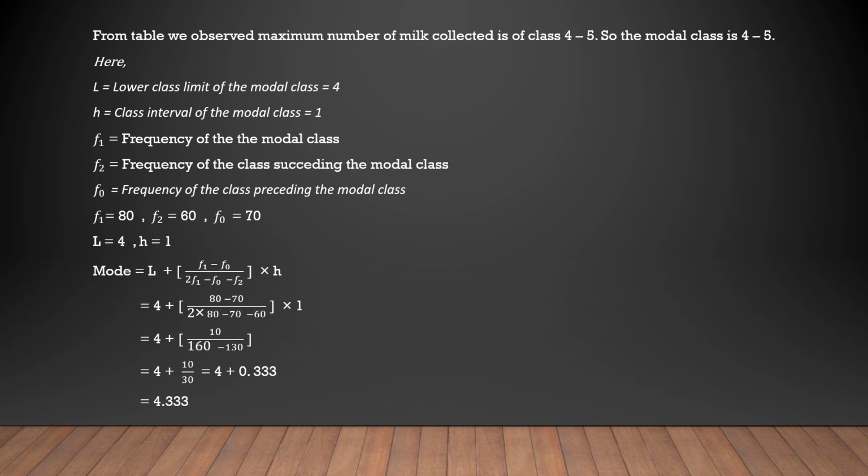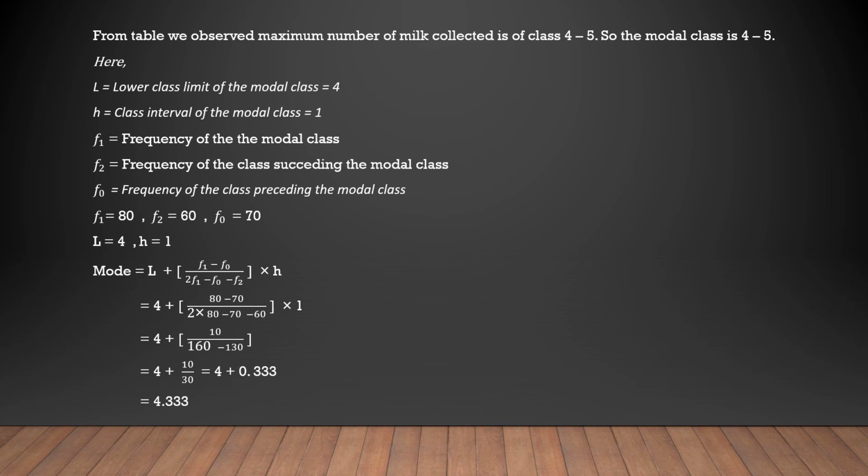H is 1. 4 plus 80 minus 70 is 10, and 2 into 80 is 160 minus 70 minus 60, which is minus 130, into 1. There is no change when we multiply by 1.